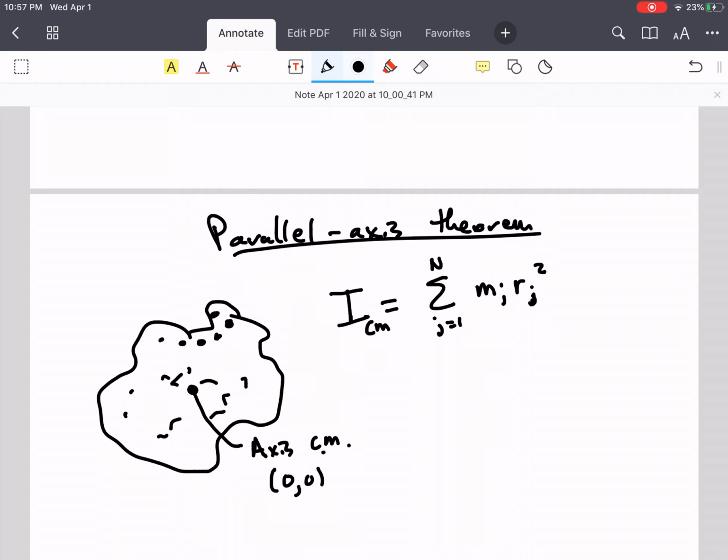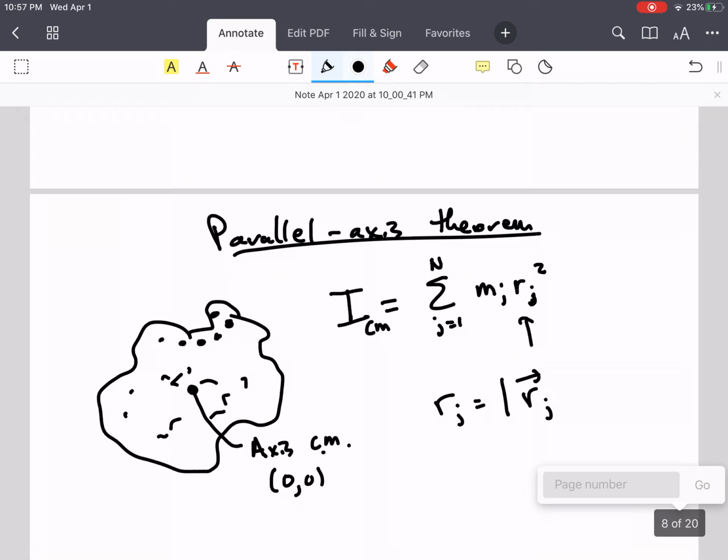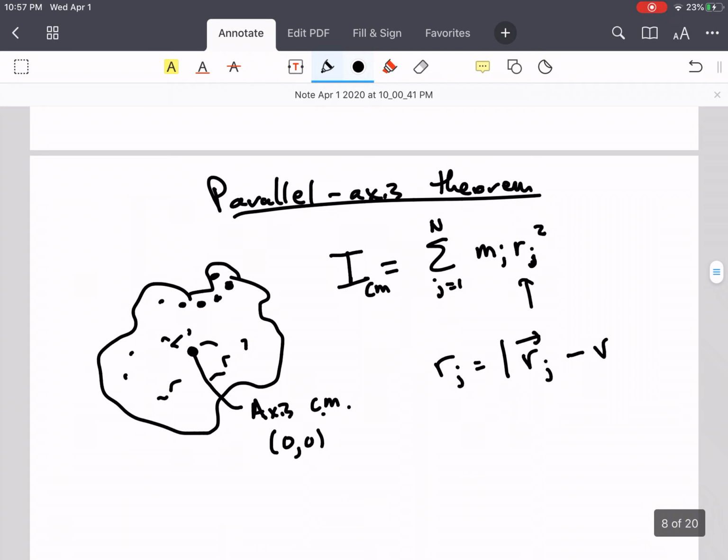Now, I'd mentioned that these r's aren't really positions, they're radii. So r_j in this formula is the magnitude of the position of the object minus wherever my axis is.